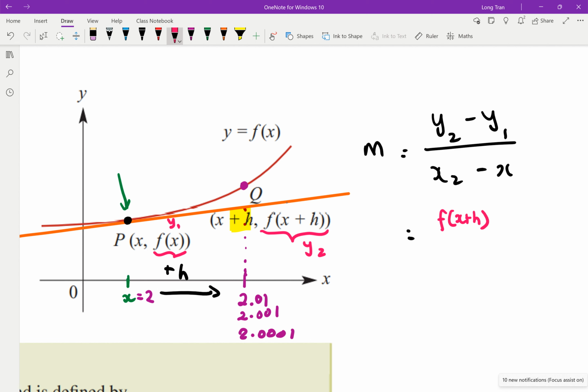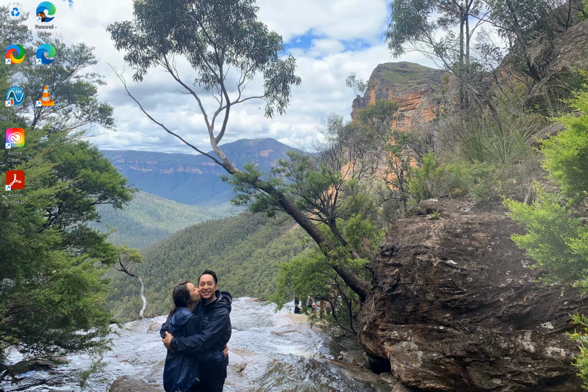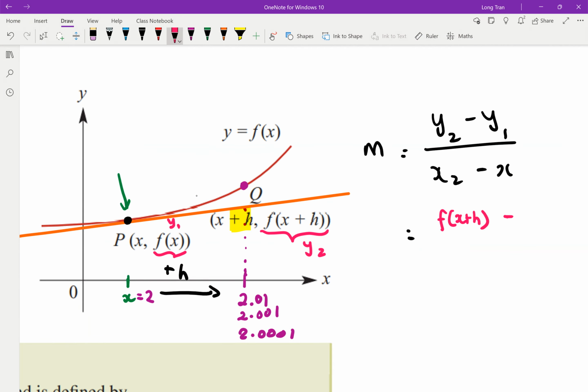So y2 minus y1, y1 was f of x, all over my x2, which was right here, x plus h, minus my x1, which is over here, x. That should give me the gradient.